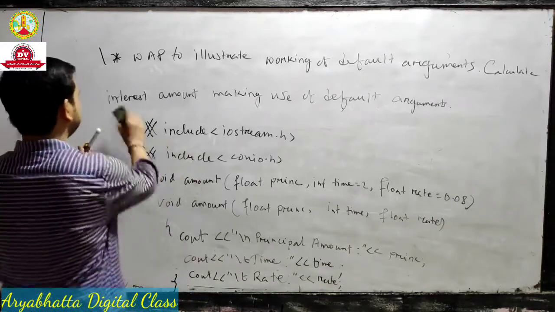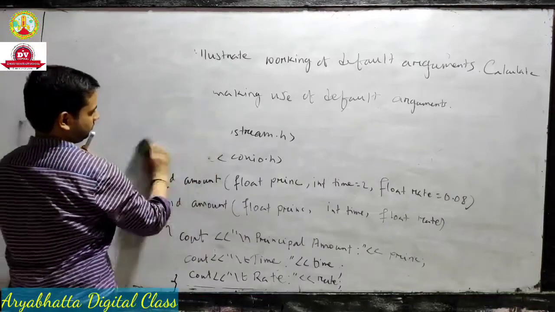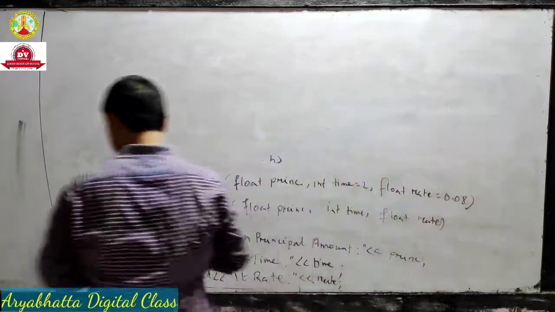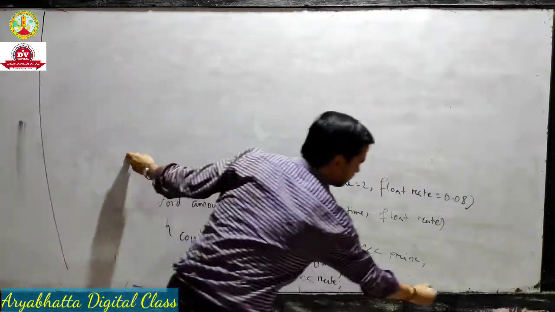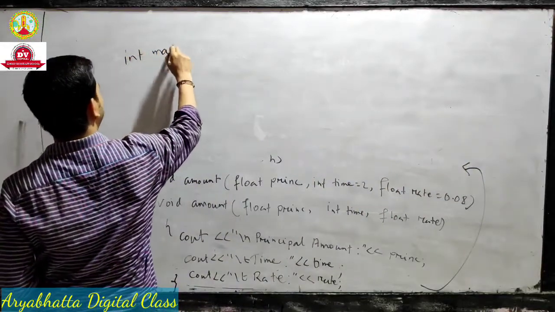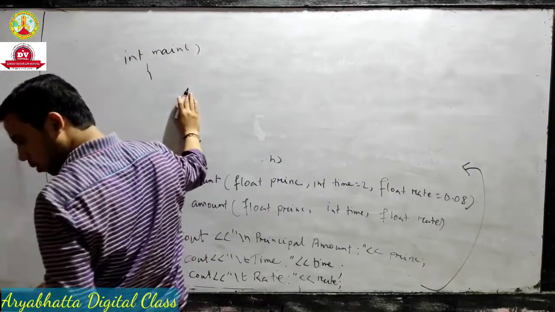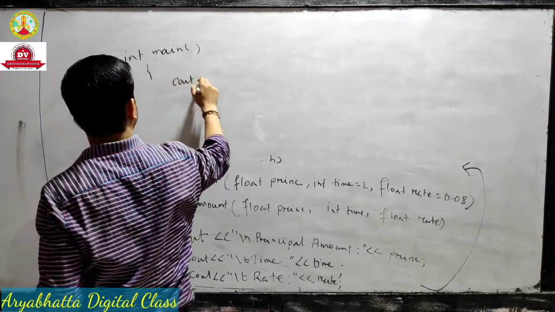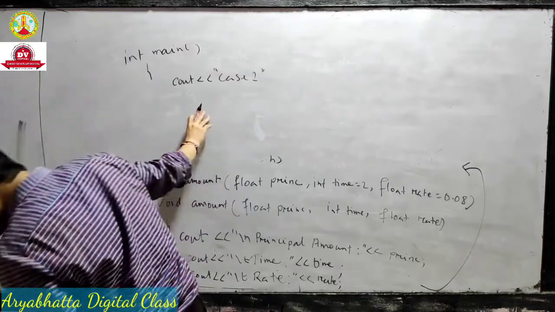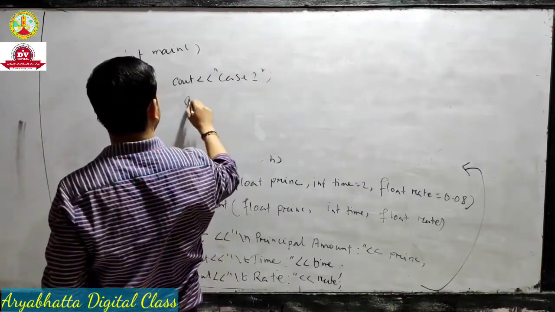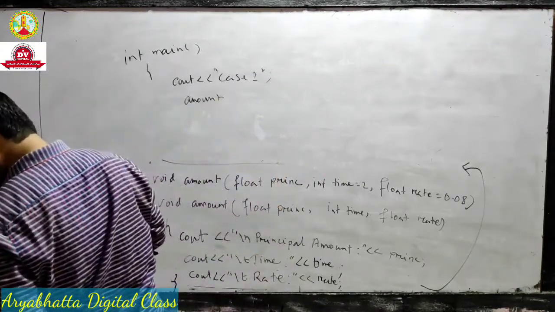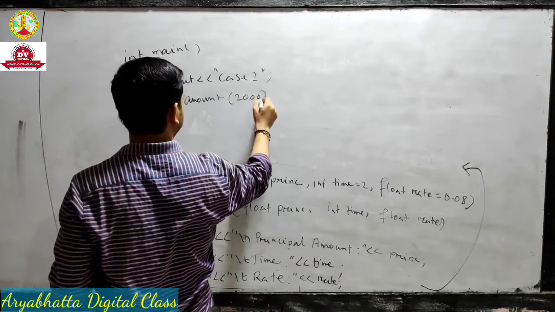After this you write down the main function, int main. Case 1, amount 2000.